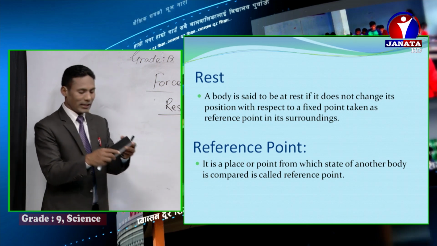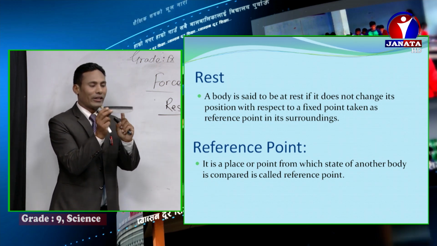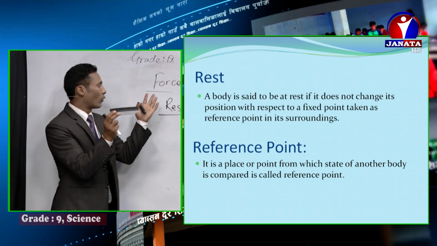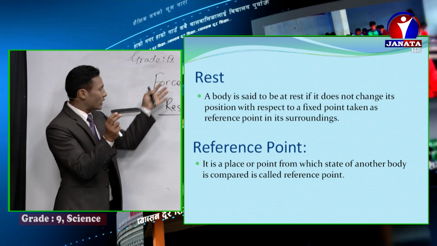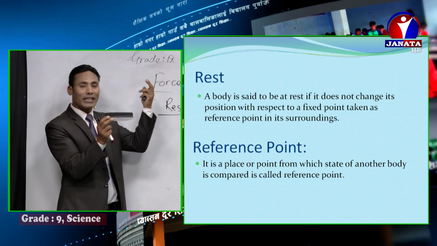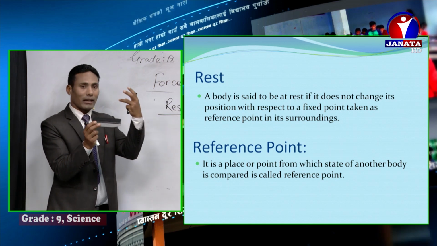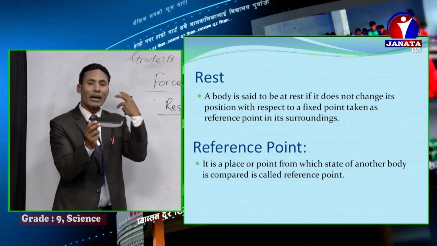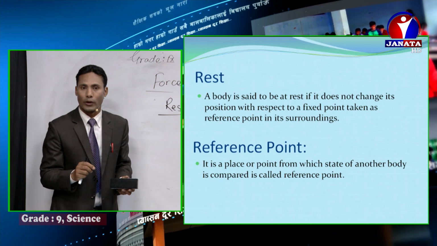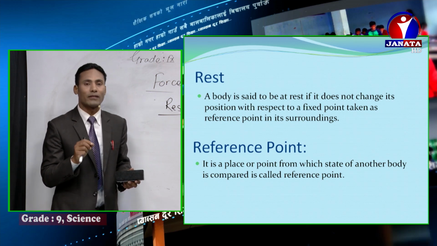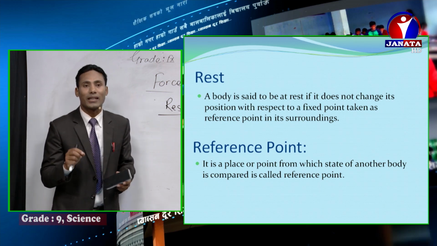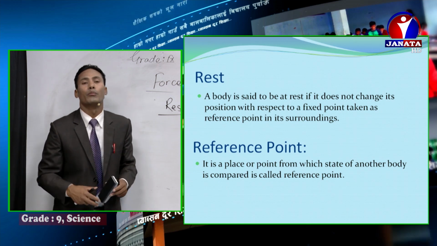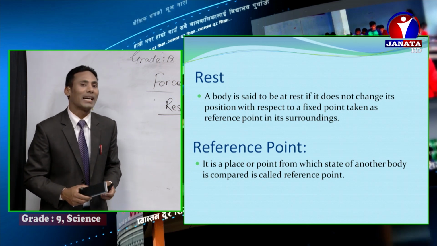Previously I checked the reference point for this duster, the whiteboard. If I check with respect to my face, then my face is the reference point. With the help of that reference point, we state the rest or the motion of an object. Without that, it is not possible.